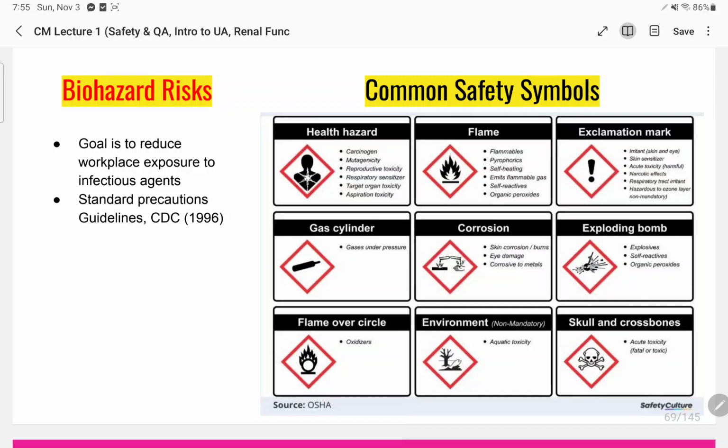Kaning skull and crossbones, this can cause acute toxicity, meaning fatal or toxic na siya. Okay? So these are your common safety symbols that must be properly labeled sa different chemicals, different equipment, different things that we see in the laboratory, para ma-ensure ang safety namo samtang kita nagtrabaho.